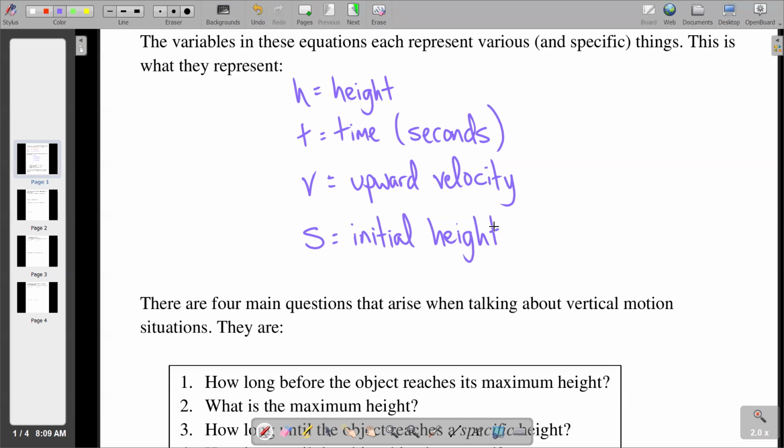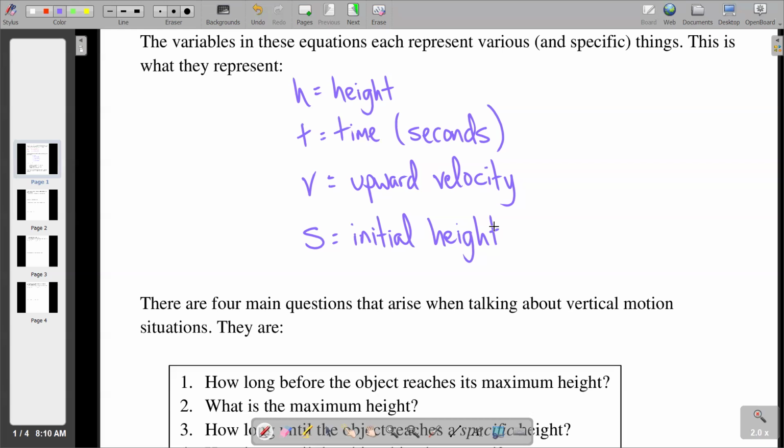If Steven dug a hole that was 10 feet deep and stood in the bottom of the hole and threw something up, then our S value would be negative, because he's starting below ground level, below 0. So that's what all the variables represent, and you just need to know what they all are. H is always height, V is always vertical or upward velocity, T is always time in seconds, and S is just where the object starts.